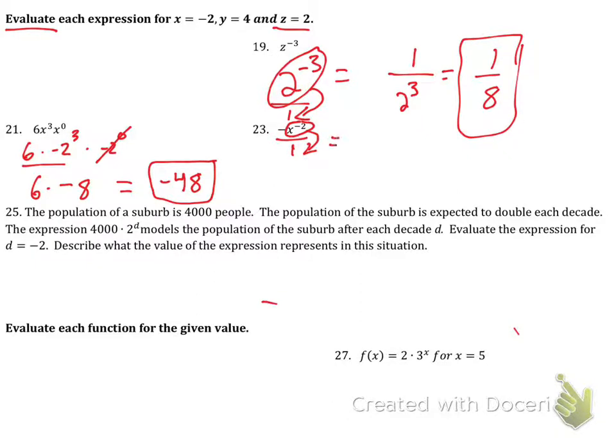And what you're going to be left with is a negative 1 on top, and then just x squared. Then I can evaluate x equal to negative 2. So that would be negative 1 over negative 2 squared, which equals negative 1 over 4, because negative 2 times negative 2 is 4. So your final answer is negative 1 over 4.